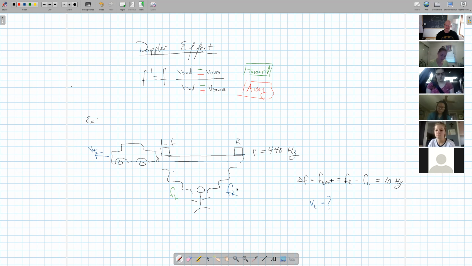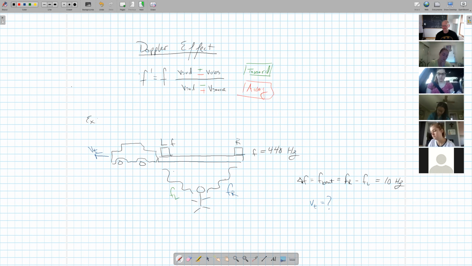So the apparent frequency heard by the observer from the right speaker here will be shifted upward. But since the left speaker is moving away from the observer at this point in time, this one will be Doppler shifted downward. So instead of him hearing 440 on each side, he's going to hear something higher than 440 on this side and something lower than 440 on this side, which manifests itself as a 10 hertz beat.